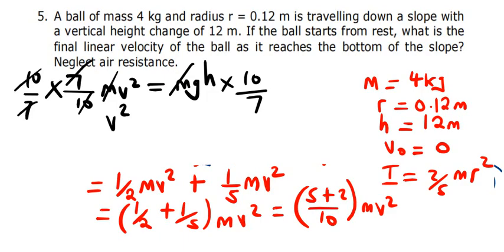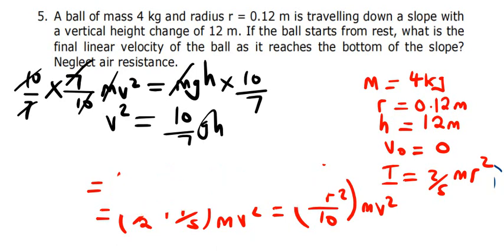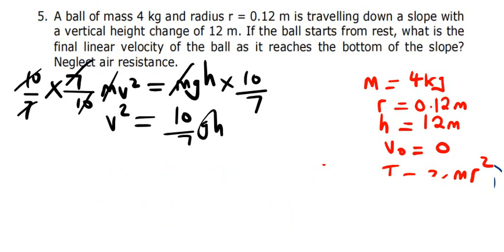I'm going to remain with v squared equals 10 over 7 gh. Now I'm just supposed to find the square root of that to find v. So v will be equal to the square root of 10 over 7 gh.